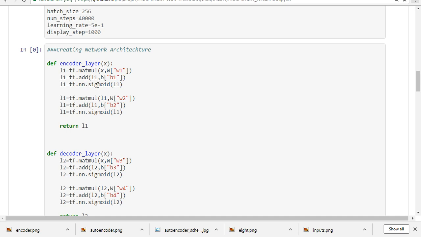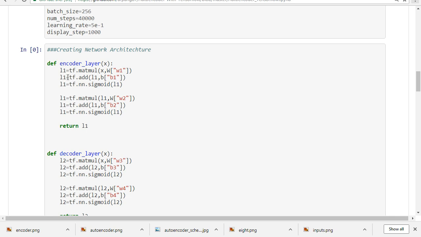So you feed the images as x, multiply by w, and then add the bias b1. Once you have done this, which is wx plus b, you use the sigmoid function so that you can convert into another dimensionality.